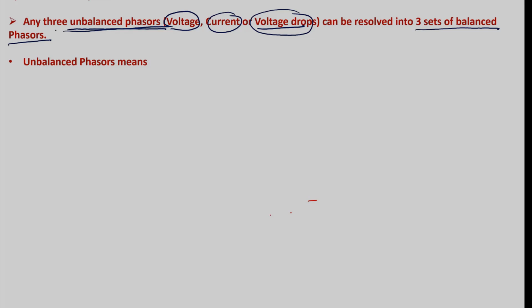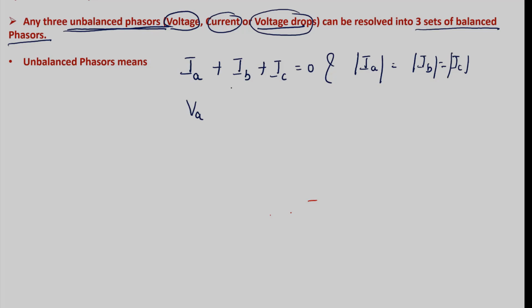First of all, what is an unbalanced phasor? So we know that in a balanced system, the phasor sum of three phasors should be equal to 0, and the magnitude of each phasor should be the same. Then we call it a balanced phasor. Similarly, in terms of voltage also, VA plus VB plus VC should be equal to 0, and mod VA, mod VB, and mod VC should be equal.